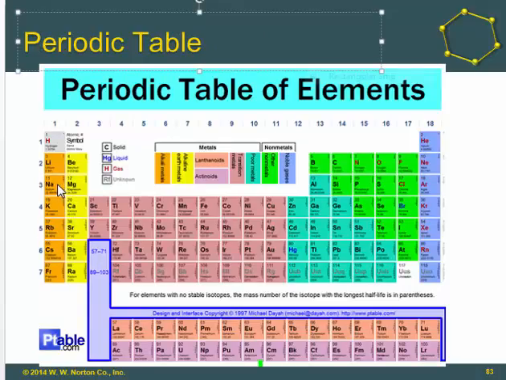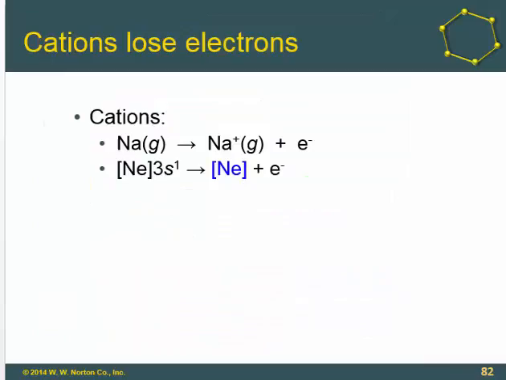If we were to look at its condensed electron configuration, we would go up to the second period and use neon and then 3s1. So here's the electron configuration of sodium, and when it loses an electron, its electron configuration becomes that of neon. It has 10 electrons.